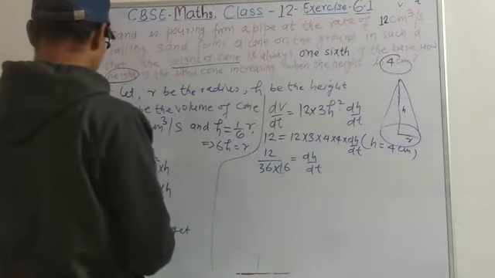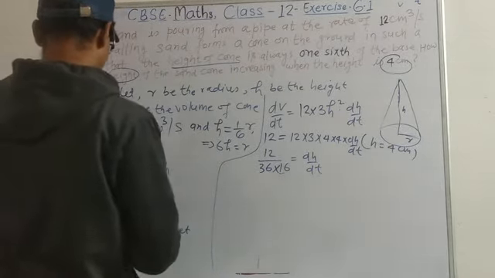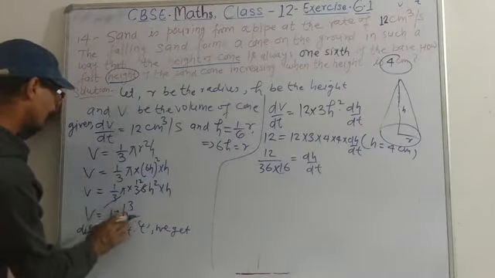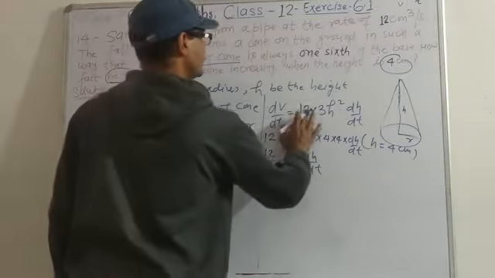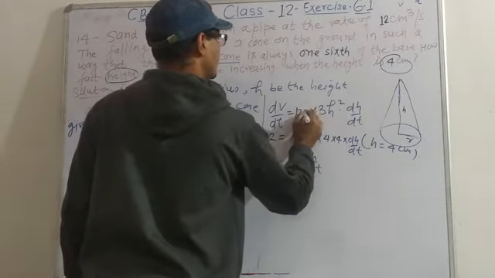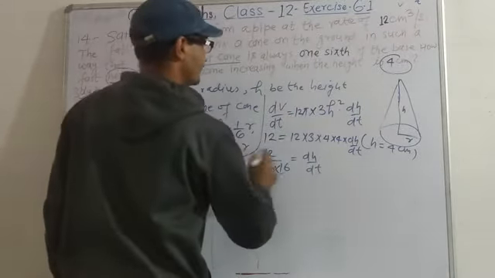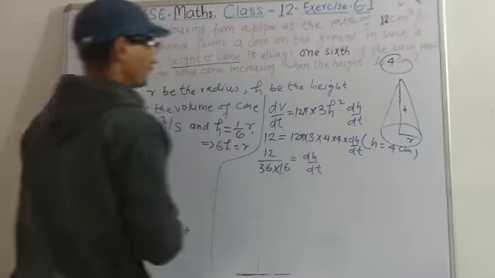And one thing is missing, sorry, this π is missing here: 12h³π. So please rectify this, 12π.